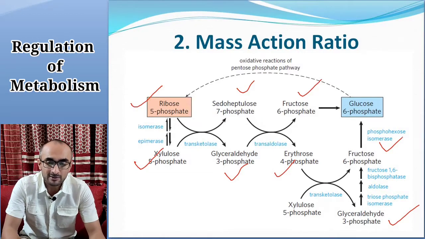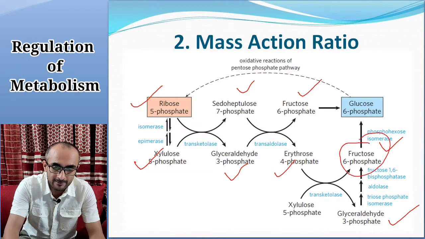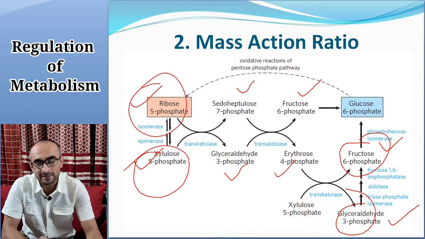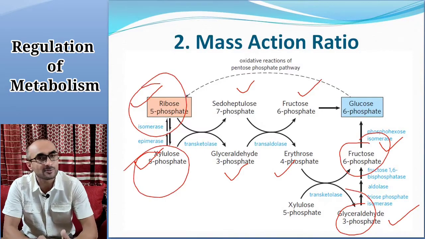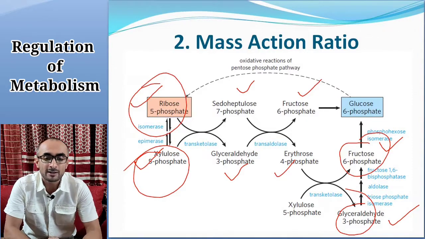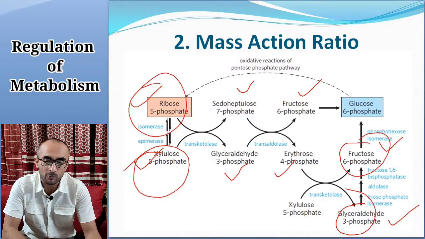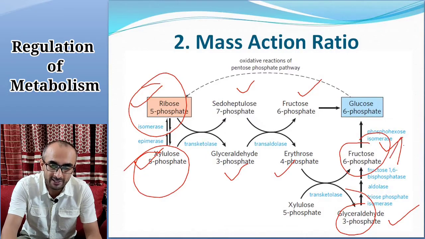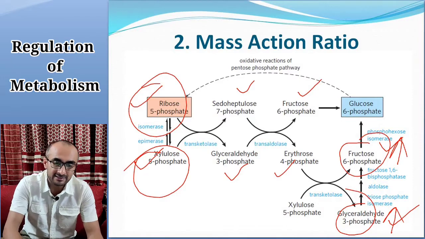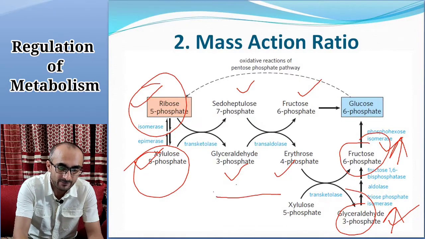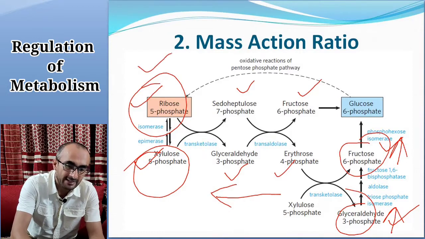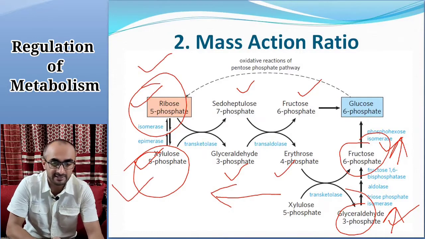So here the concentration of these products or the substrates determines whether the reaction will proceed in the forward direction or the backward direction. For example, if the cell has an ample amount of fructose 6-phosphate and glyceraldehyde 3-phosphate, in that case the reaction will be reversed and the products will be ribose 5-phosphate and xylulose 5-phosphate.